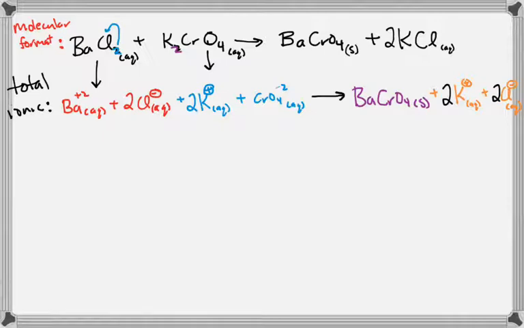Do we have barium plus 2 aqueous in the product? I see barium, but is it barium plus 2 aqueous? All of those conditions must be met. So no, that ion does not show up on the product side, which means I cannot cancel it out. So I'm just going to repeat.